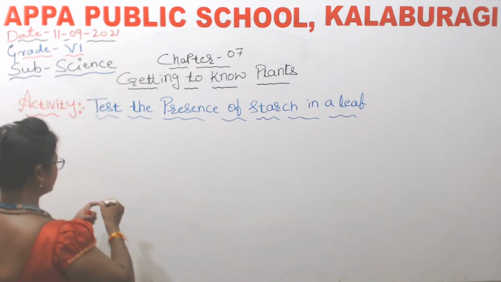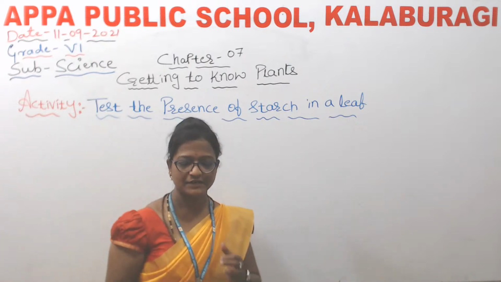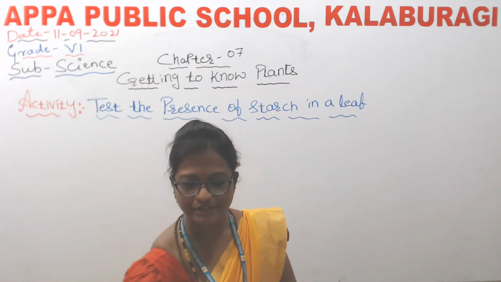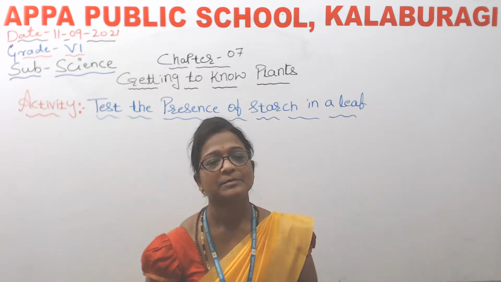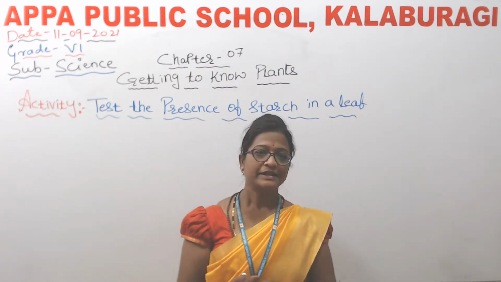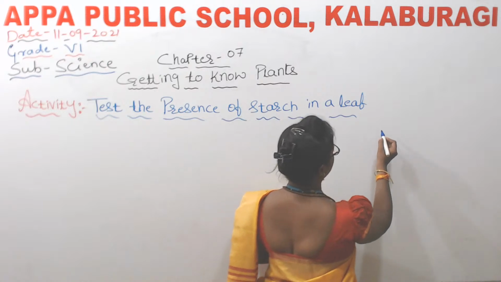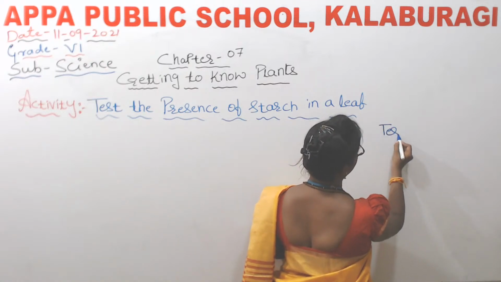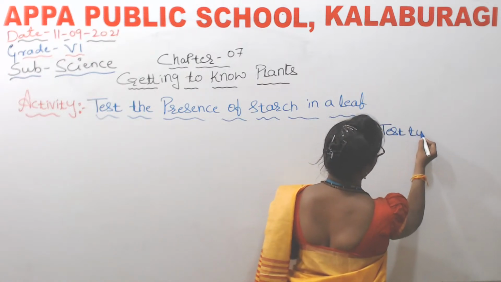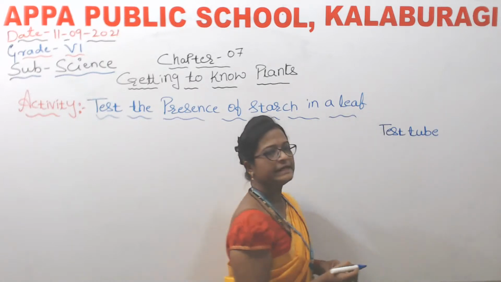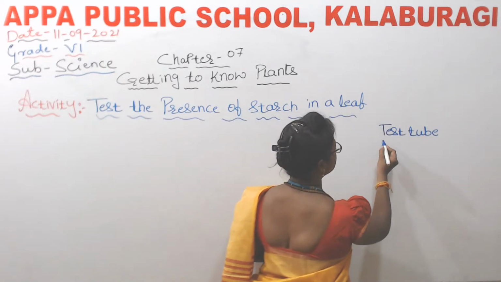So here we are going to test the presence of starch in a leaf. For this activity, what are the materials we require? Yes, children, we require a test tube, isn't it?